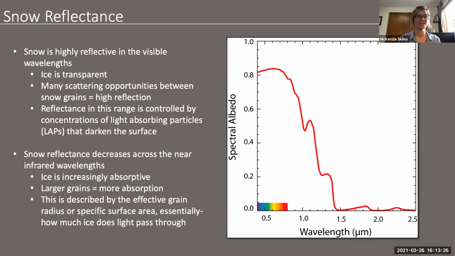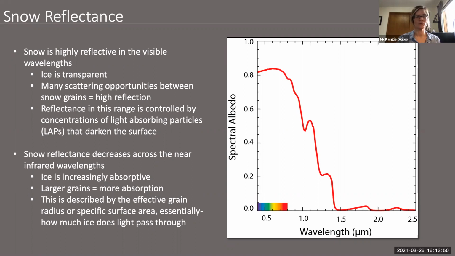The magnitude of reflectance in this range is controlled by anything that darkens the snow surface. Typically those are dark aerosols like dust, black carbon, or brown carbon, or natural dark constituents like algae, pine needles, or char.